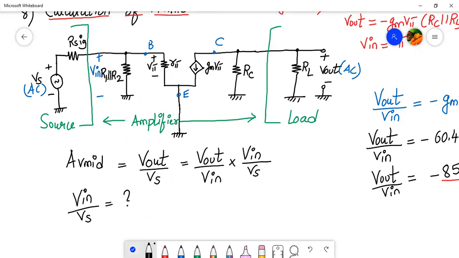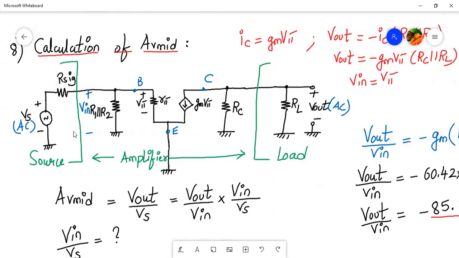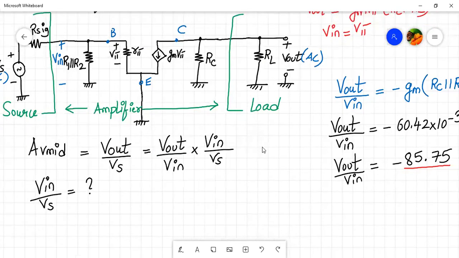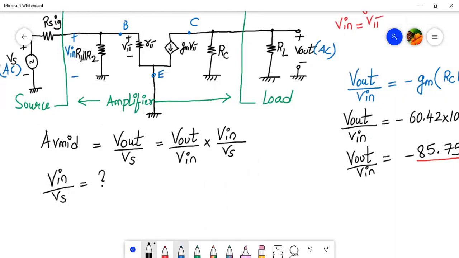If I redraw this part of the circuit: Vs, R sig, and in series we have R1 parallel to R2, and we have R pi in parallel. These R1, R2 and R pi are all in parallel, right? So if I have to write it in this form, I am representing the circuit over here.